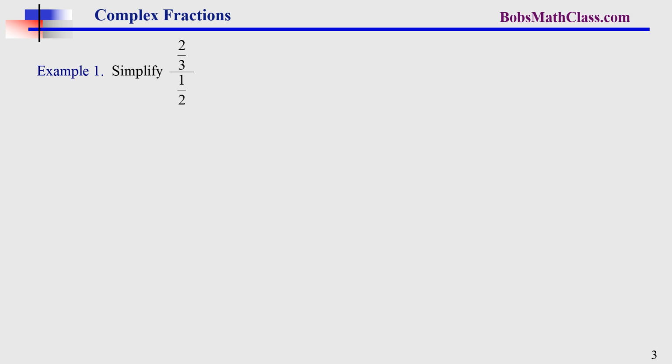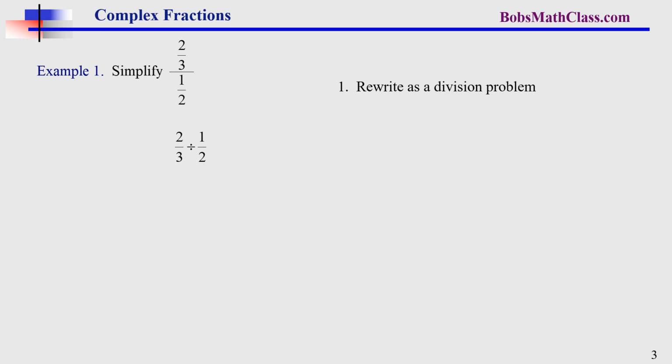Okay, here's our first problem. 2/3 over 1/2. So we're going to rewrite this as a division problem. The top fraction goes first. Then we're going to do a division symbol between the two fractions. And then the second fraction is left. So 2/3 divided by 1/2.